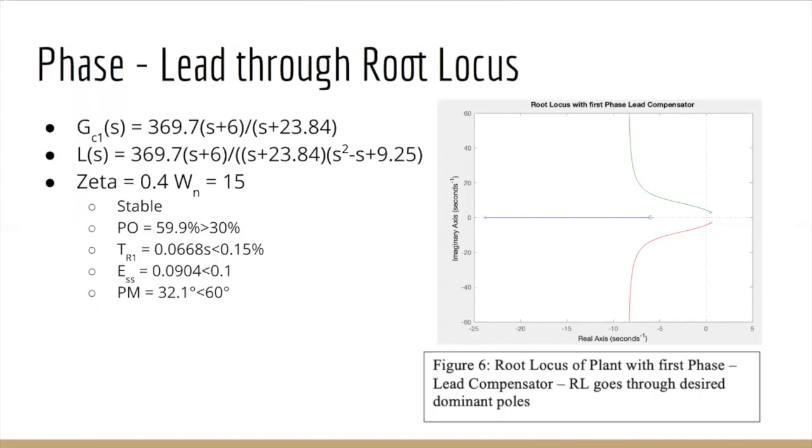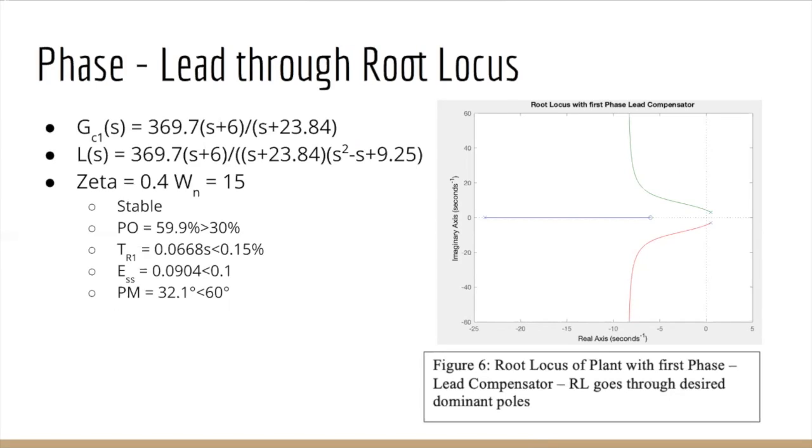I found that zeta needed to be greater than 0.358 and that omega n needed to be greater than 13.8. So I decided to use a zeta equal to 0.4 and an omega n equal to 15. Through this, I was able to create a phase lead that has Gc(s) equal to 369.7 (s plus 6) divided by (s plus 23.84). The 369.7 is the K value that I found.